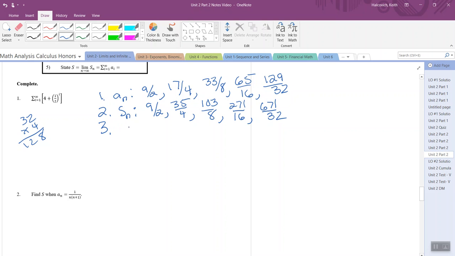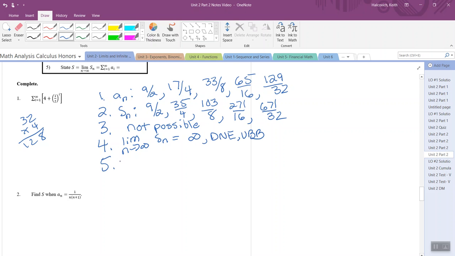Then the formula for the explicit definition, well, it looks like it's 2 to the n on the bottom, but the top, the first term is 9, but there's no real pattern because you add 26, then a whole bunch. So it's not possible here to find the explicit definition for the sum, but we do know the limit as n approaches infinity of the sum is infinite because it's going up forever and ever, so that does not exist because of unbounded behavior.